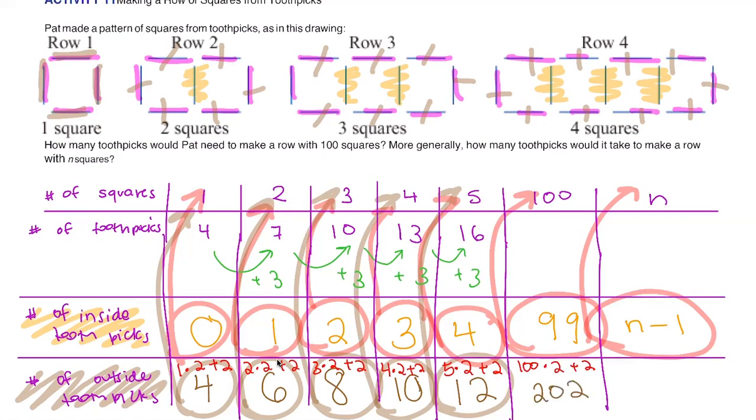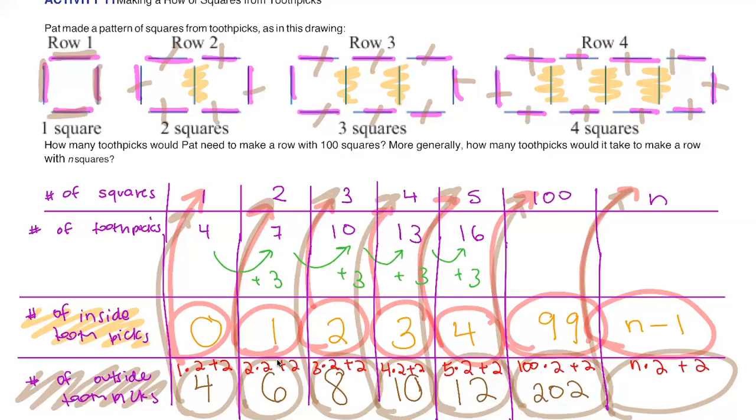Oh, but wait. How do I get n? All right, let's take a look. I just plugged in the number that came from above. Let's double check that. To go here to here. Yeah, it was 100 was the number above. So to get the number down here, I'm going to do the number above, n, times 2 plus 2.